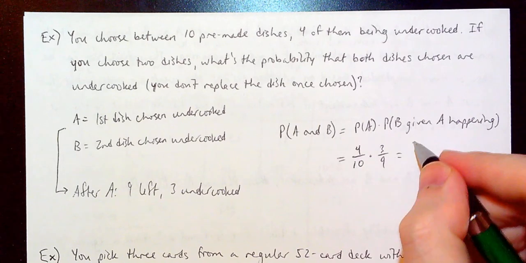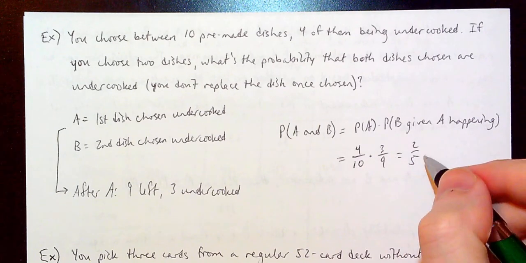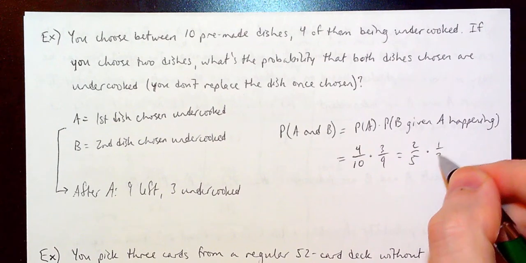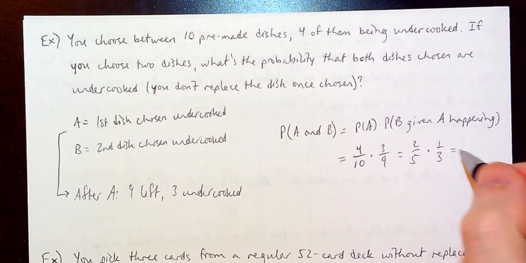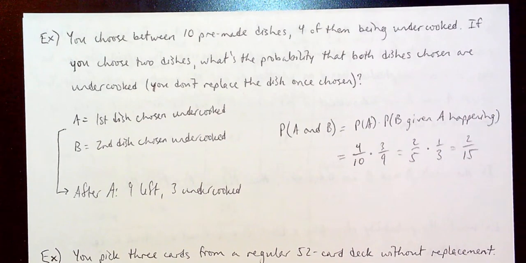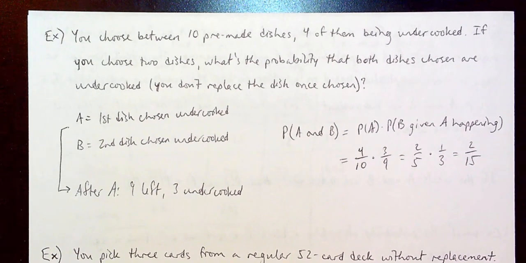4 over 10 reduces to 2 over 5. 3 over 9, as we just said, reduces to 1 over 3. So 2/5 times 1/3 is going to equal 2/15. So that's the probability that we choose 2 dishes that are undercooked when, to start with, we had 10 pre-made dishes and 4 of them were undercooked.